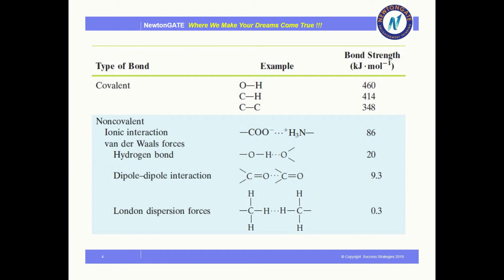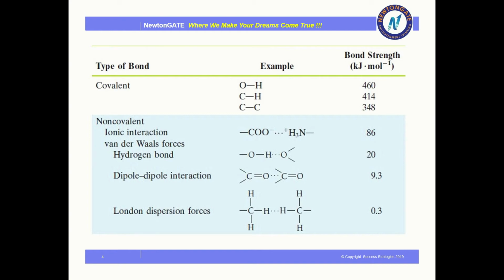So the more energy required, the stronger the bond. If you need more energy to break the bond, that means the bond is stronger. So here the OH bond is much stronger than other bonds, right?